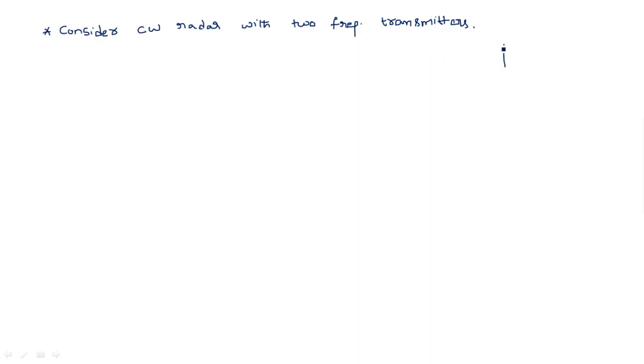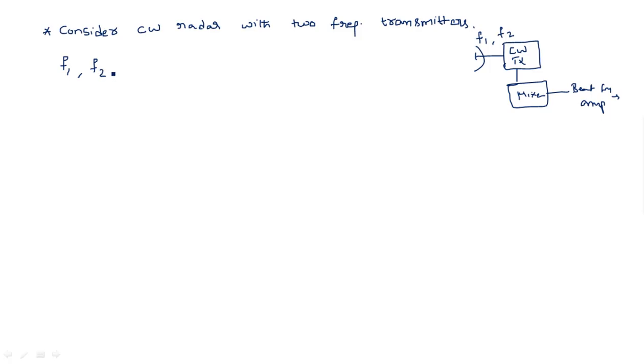So what is the normal CW radar? The transmitter, and the output of this goes to the receiver section: mixer, beat frequency amplifier, and then output. So instead of transmitting a single frequency like F0, we are now transmitting two different frequencies, F1 and F2.